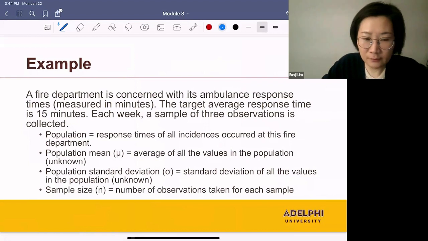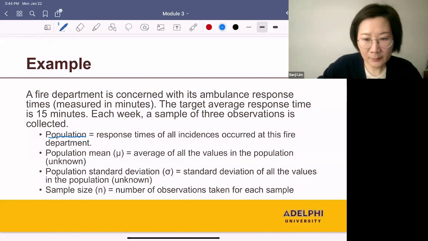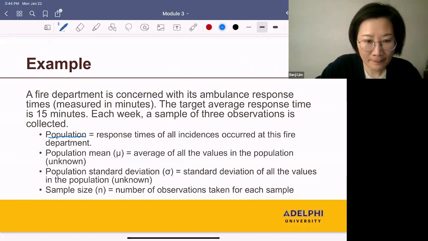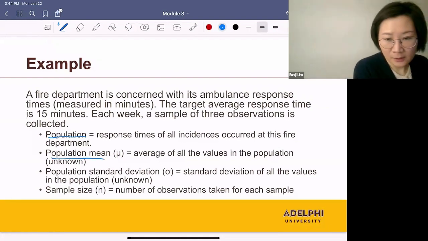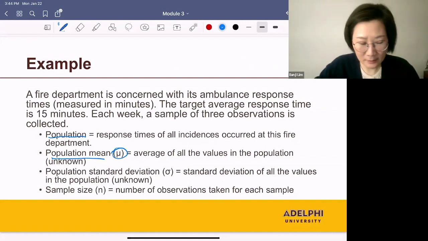So let's review some terms. First, we have a term called the population. The population consists of all the response times of all instances that occurred at this fire department. And we have a term called the population mean. We're going to use mu to denote the population mean.